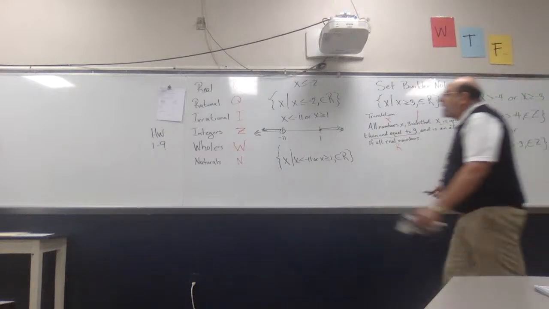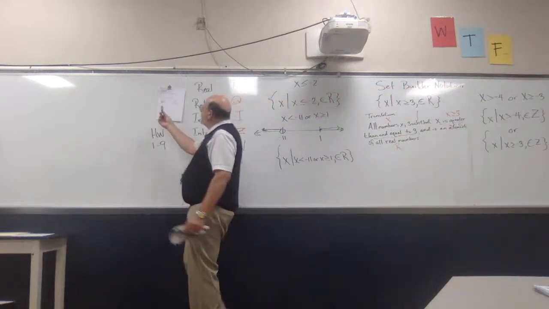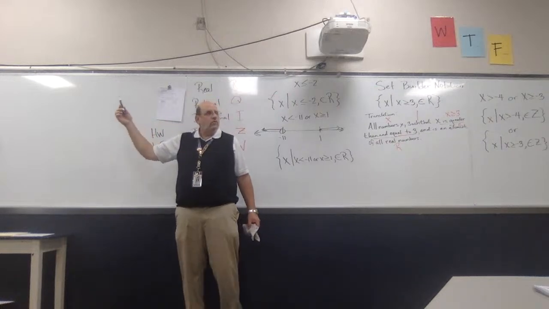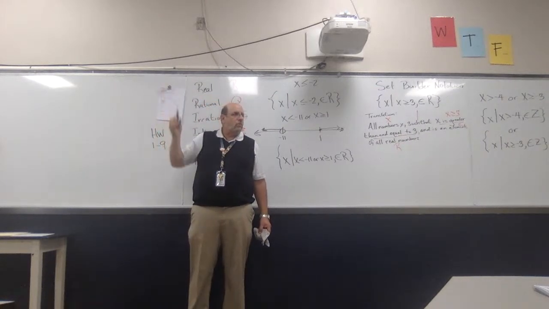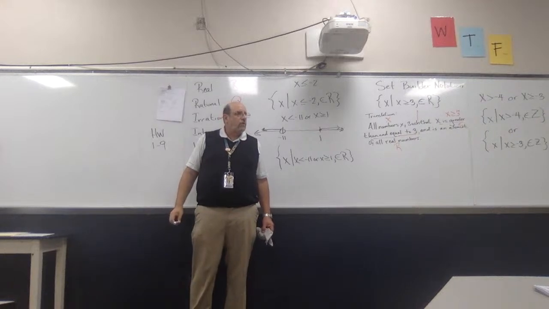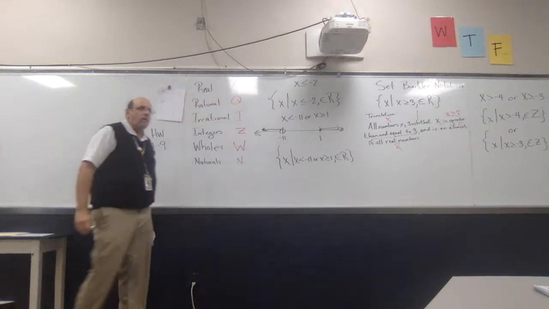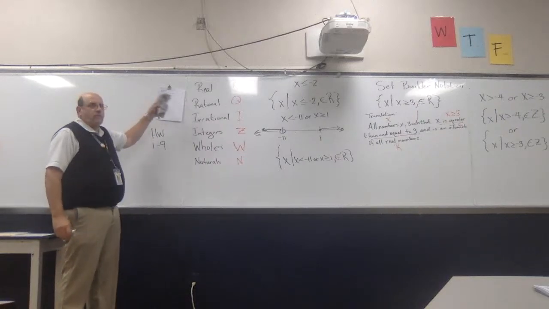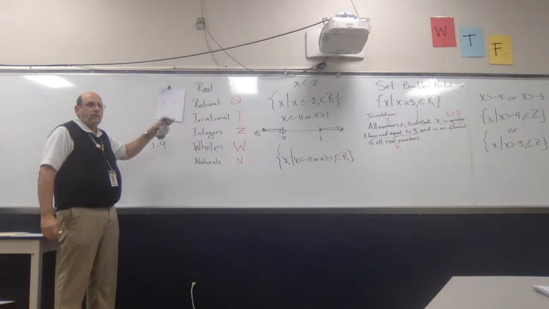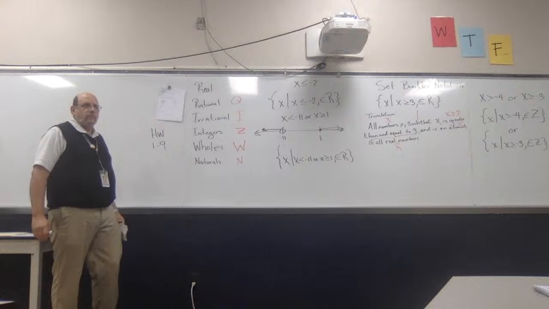So if you're looking at number 6, can you draw a vertical line through it and touch it more than once? Does it intersect more than once? No. So if it doesn't intersect more than once, then it is a function.